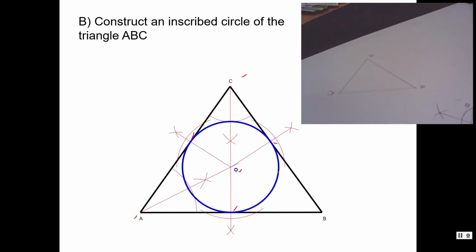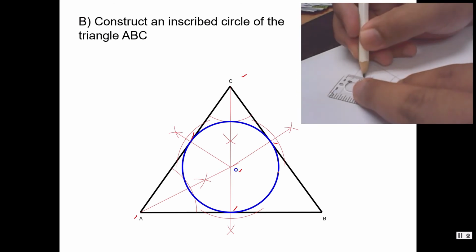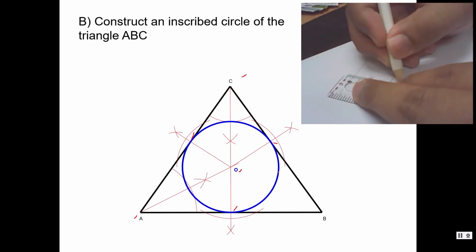The first step is to find the bisecting line of angle A. So draw a circle here, and then from here draw another circle from this point and this point, so that you're going to get the bisecting line from here.